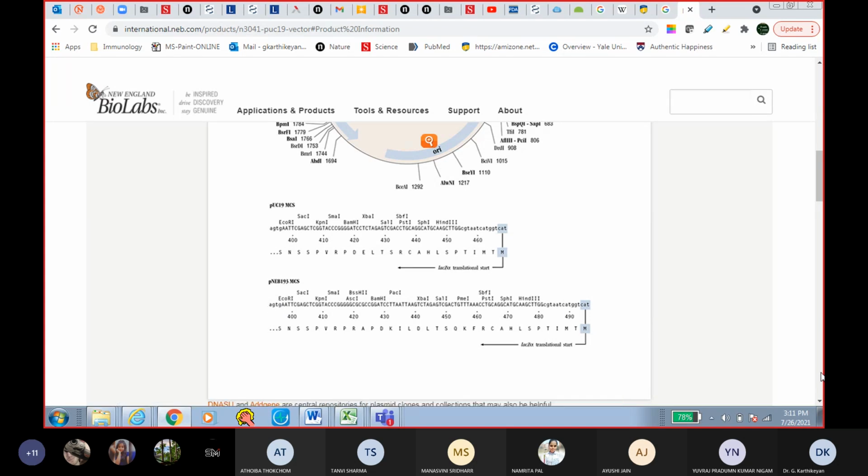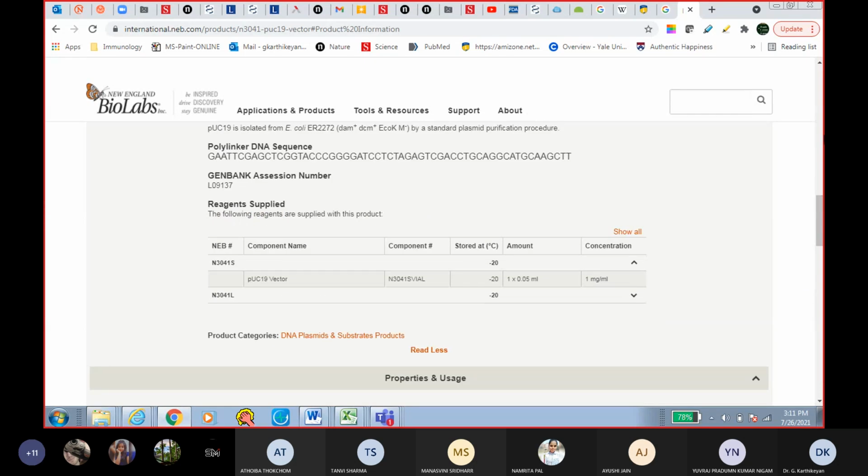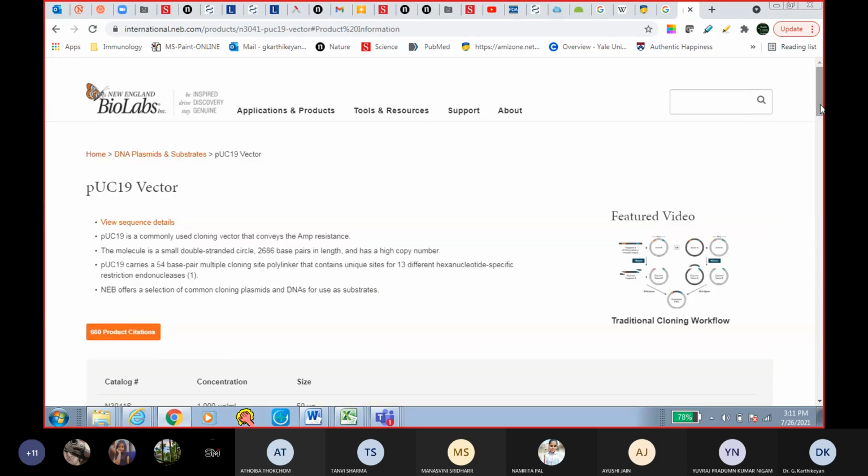Depending on your need, you could use one of those vectors. So pUC19 carries a 54 base multiple cloning site that contains about 13 different restriction endonuclease sites. You have pUC19 and many other different kinds of vectors. These are called cloning vectors.